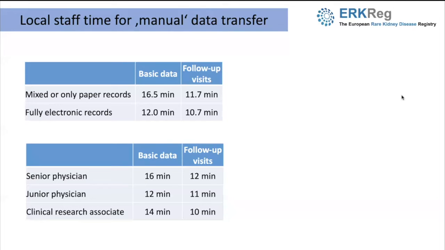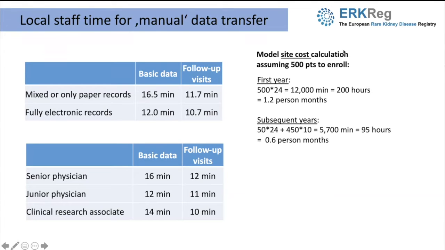From these data, I did some model calculations because we were discussing a lot about the cost for the local sites to do these data entries for a registry of an ERN. So if we assume that a site wants to enroll 500 patients, given these numbers, this would amount to 200 hours or 1.2 person months to enroll the 500 patients. So it's about 10% of a position that has to be sponsored.